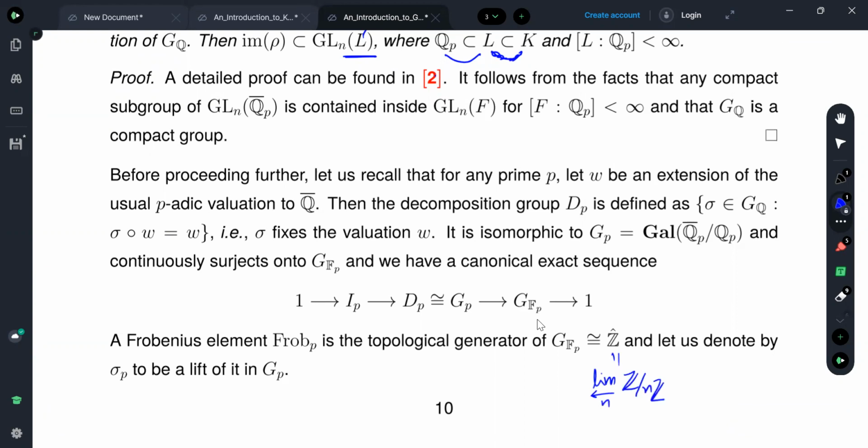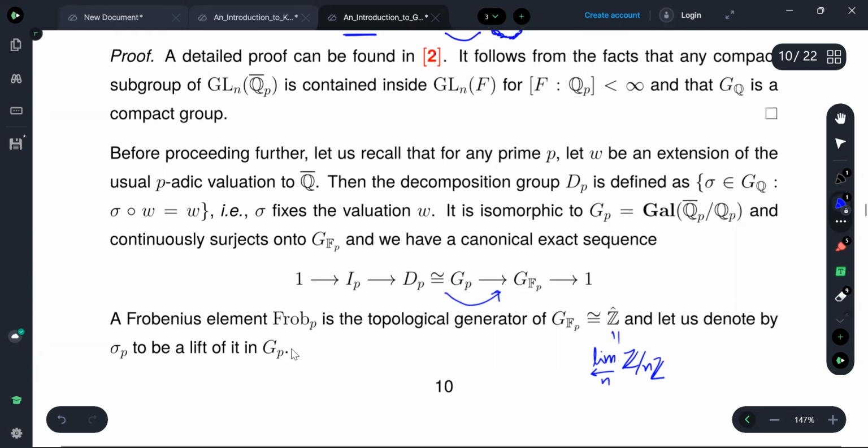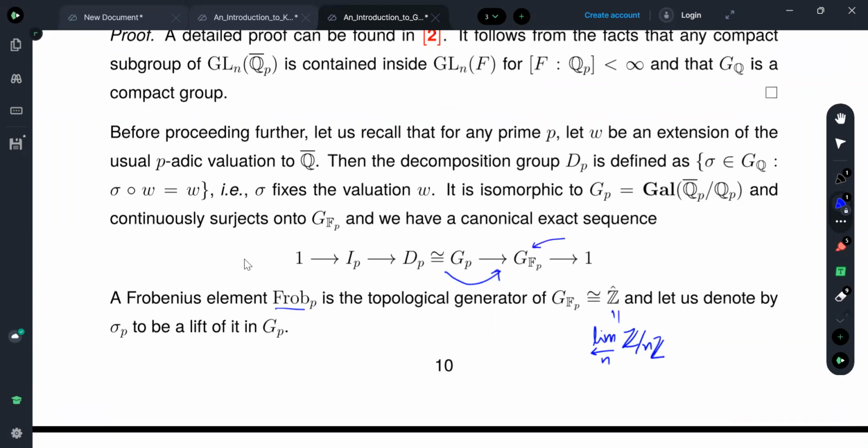The kernel of this natural surjection is denoted IP, the inertia subgroup at P. And thus we have this canonical three-term exact sequence for each P. We will denote by Frob P a Frobenius element at P, which will be a canonical topological generator of GFP.